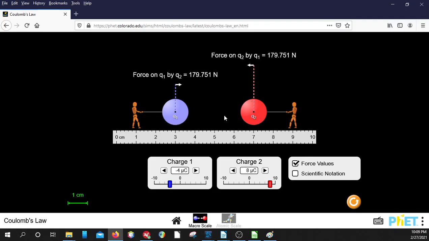We're going to keep this distance fixed throughout the entire trial. I'm going to leave charge 1 alone, and I'm going to start charge 2 at negative 10 microcoulombs, and I'm going to leave this distance of 4 centimeters fixed.